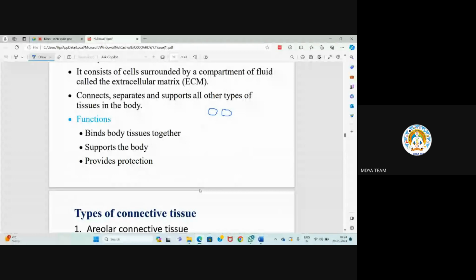Due to ligaments, it stays protected, as it will move as per its range of motion and will not move beyond its range of motion. Are you getting what I am telling? Yes, ma'am.